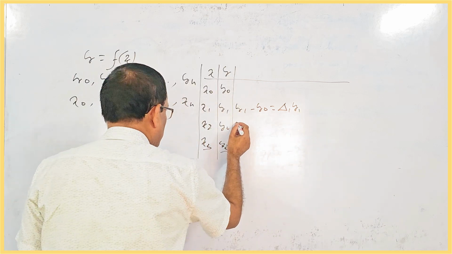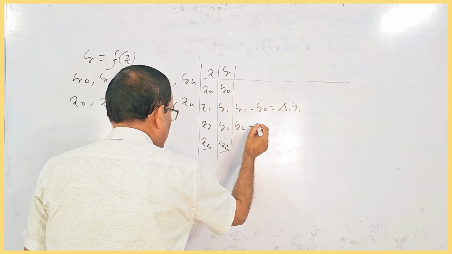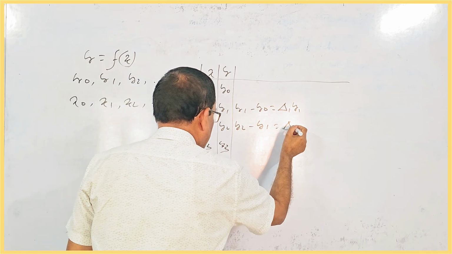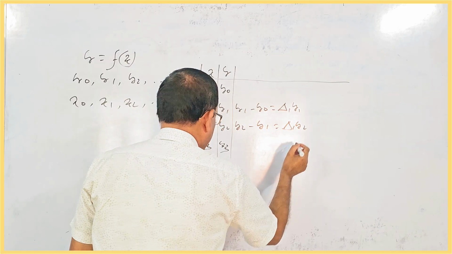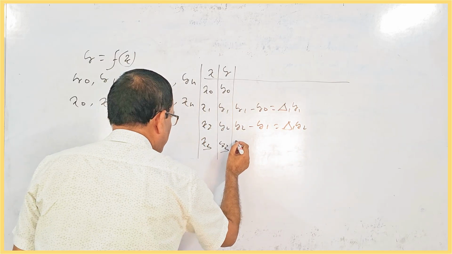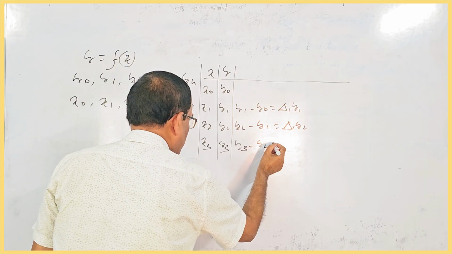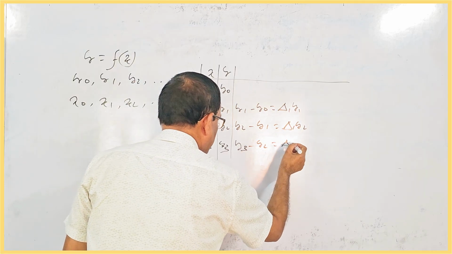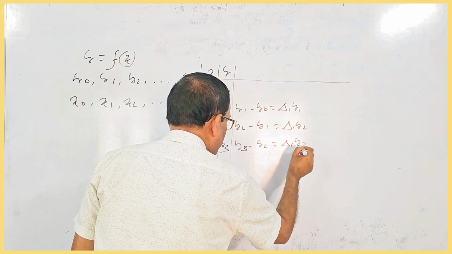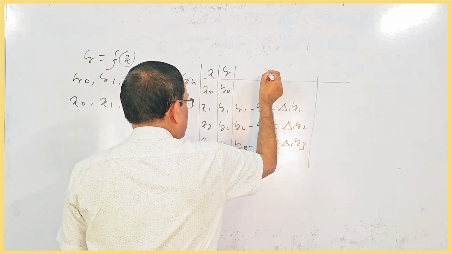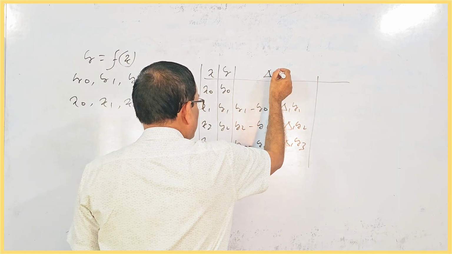Similarly, y2 minus y1 equal to delta 1 y2. y3 minus y2 is equal to delta 1 y3. So this difference is denoted by delta 1, with this subscript, and then y.